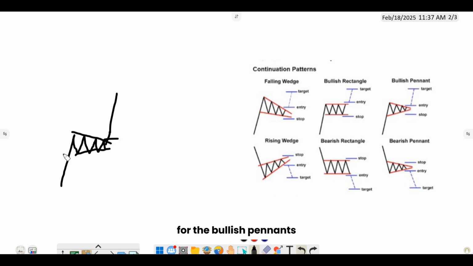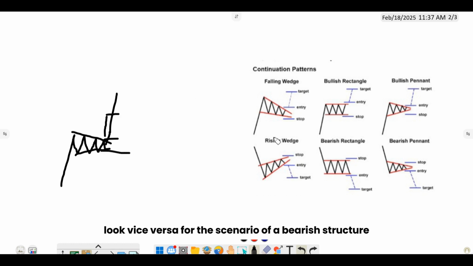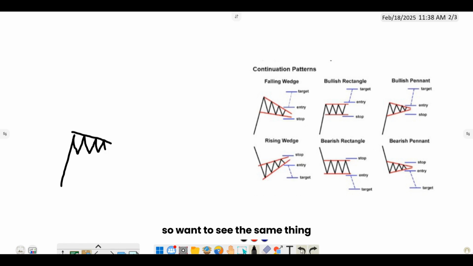For the bullish pennant, we calculate from the beginning of the pennant to the high of the pennant. We take that length and use it as our profit target, targeting the exact movement of that length, and our stop loss becomes the previous low. Vice versa for a bearish structure: we want to see the same thing but in reverse.